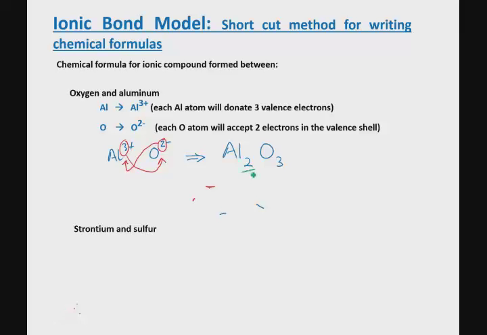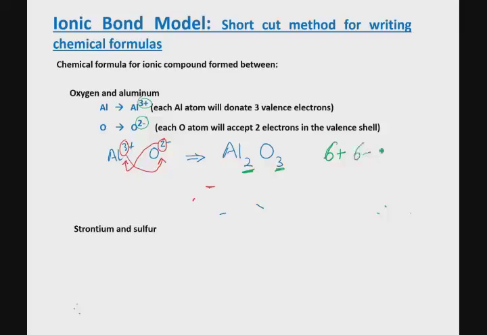A quick check will reveal whether or not this is correct. If there are two aluminum ions and each aluminum ion has a charge of 3+, what is the total magnitude of the positive charge? Exactly. Total positive charge will be 6+. Now, if there are three oxygen anions and each oxygen anion has a charge of 2-, what's the total minus charge?